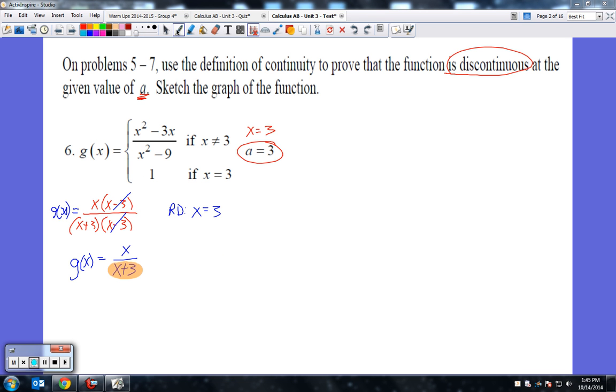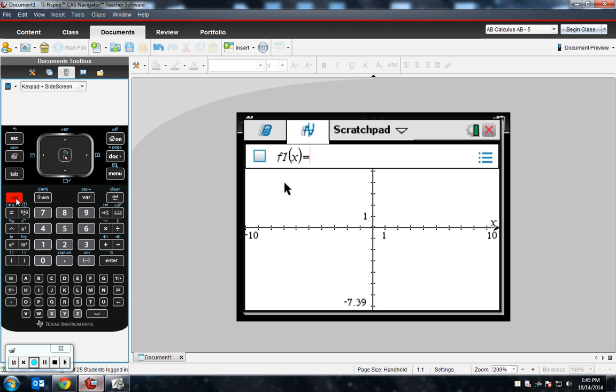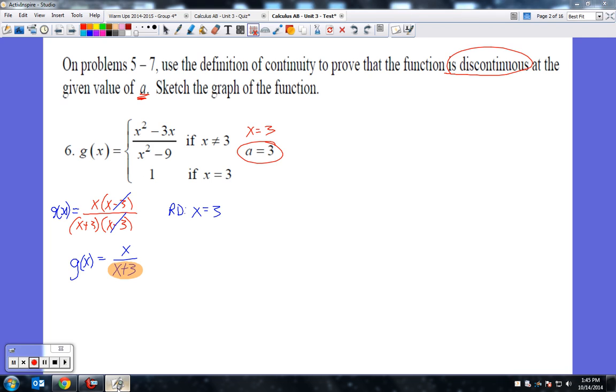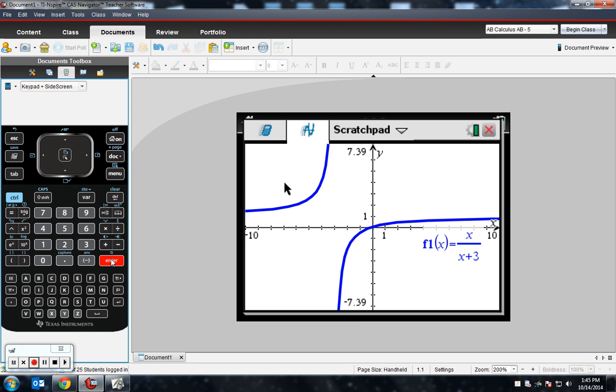So this one would be a calculator type of problem that you're going to put in to see what the graph looks like. So we come over here, control divide, and we're going to put x over, and I believe it was x plus 3. So let me go quickly right back. It is x plus 3. And then we can see what the graph is going to look like.